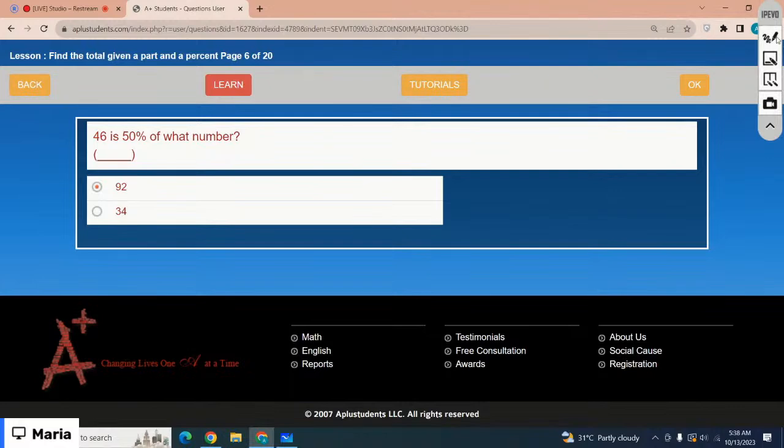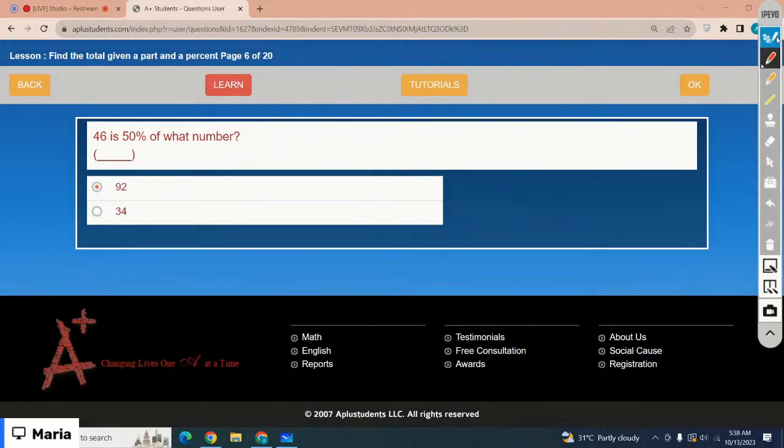Or you can form the proportion. 46 is the part. You have to calculate the whole. That would be part over whole equals n over 100. Part is 46 over whole, n is 50 over 100. So just cross multiply: 46 times 100 equals w times 50.